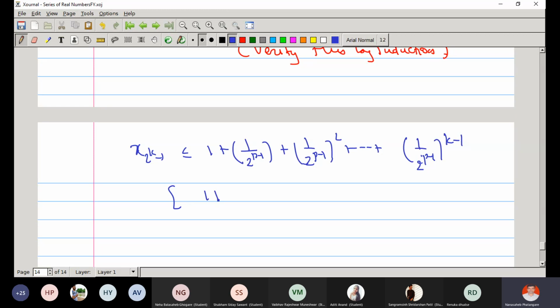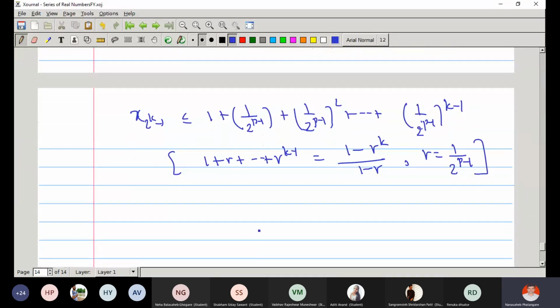So 1 plus r to the power k minus 1, where r is 1 upon 2 to the power p minus 1, and r is less than 1 certainly.